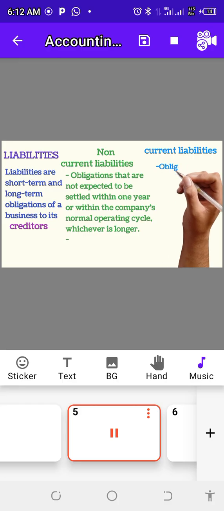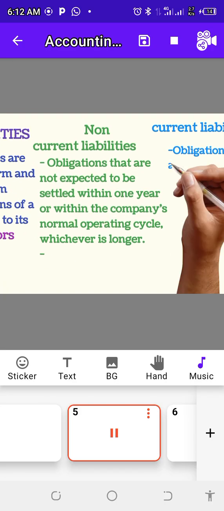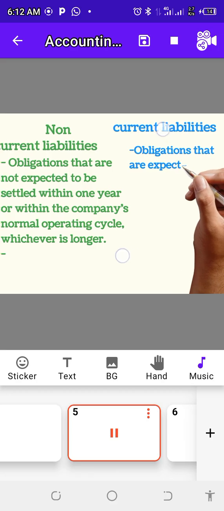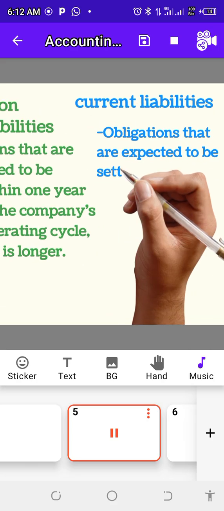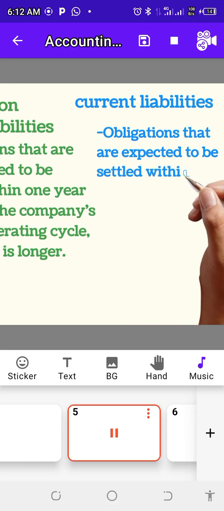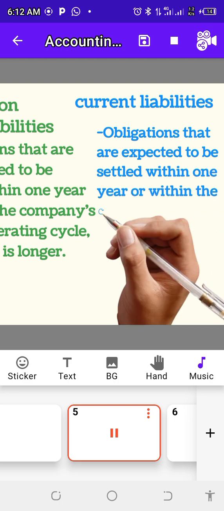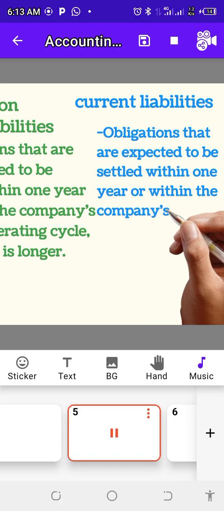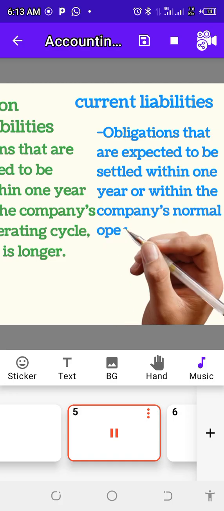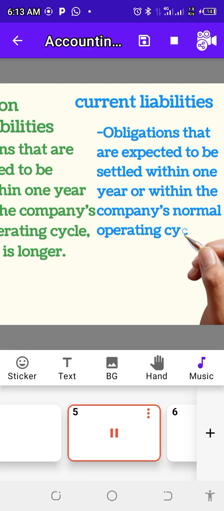Then current liabilities are obligations that are expected to be settled within 1 year or within the company's normal operating cycle.